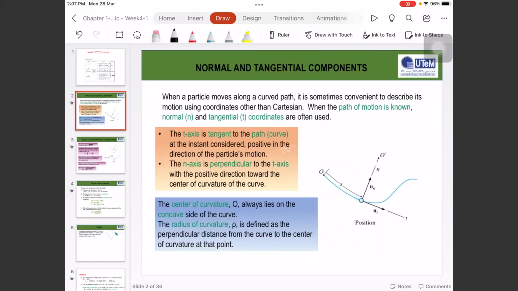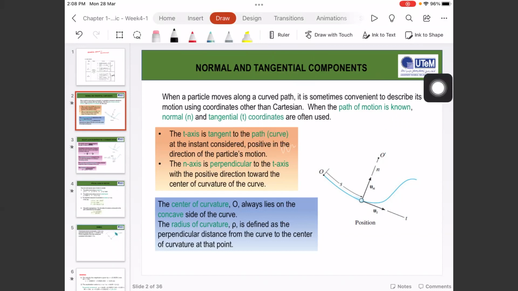So normal and tangential components, right? Like I said last week yang tak habis tu, for curvilinear motion we have rectangular components which is XY, and also we have normal and tangential components. So when a particle moves along a curved path, sometimes it's convenient to describe motion using other than Cartesian.